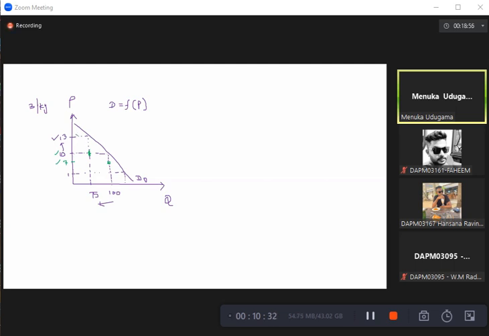What I'm trying to do is just draw a curve that connects these 2 points. It's a bit hard to do using the cursor, but let's try.